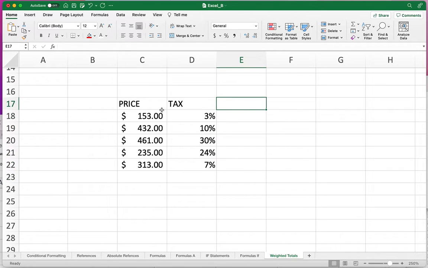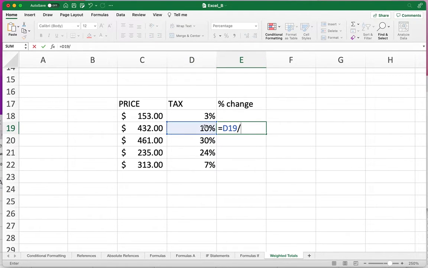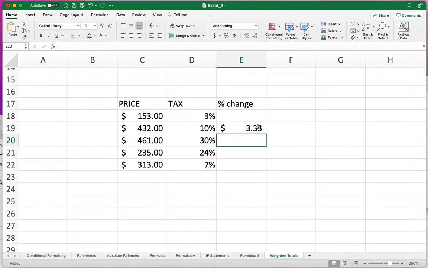Or maybe these were years, and I want to have a percentage change. So let's just say I'm going from this year to this year. I want to see how much of a change that was. Well, I could obviously do current year divided by previous year. That'll give me, let's switch these to a percentage here, 333%.